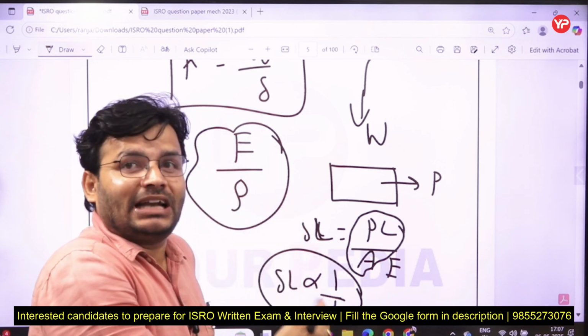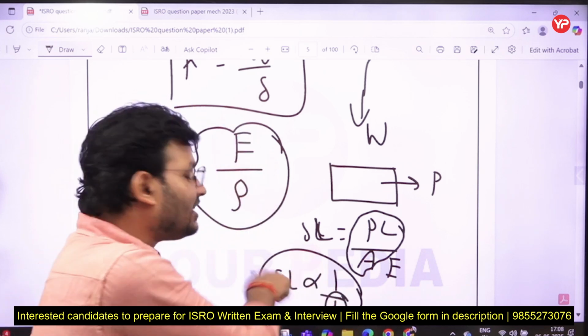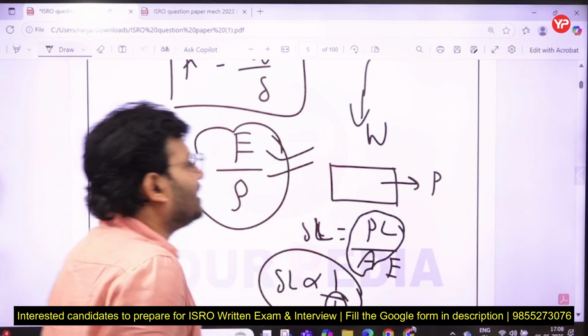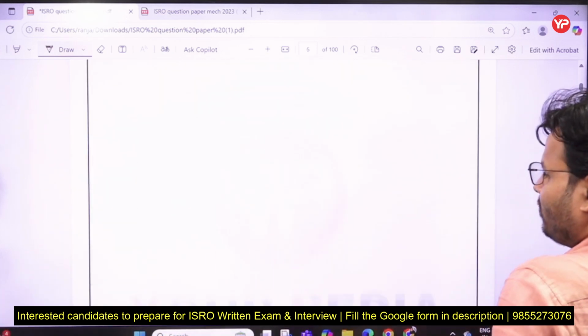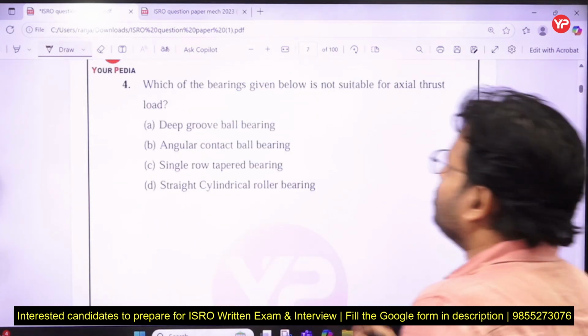Delta L is the change in length, so stiffness resists the change in length, and if you divide it by rho, you simply get the specific stiffness.